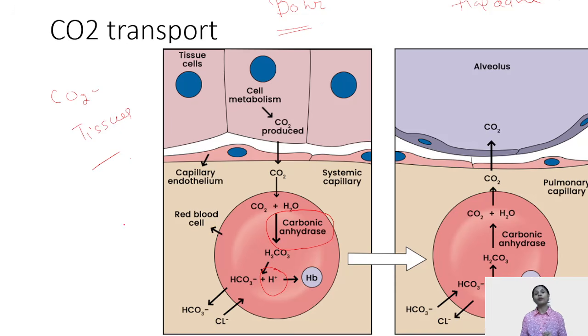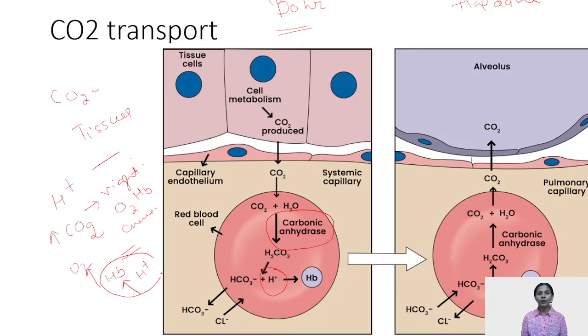I hope you all remember that metabolic acidosis, presence of H positive, and increase in CO2 levels lead to a rightward shift of the oxygen hemoglobin curve, which leads to dissociation of oxygen from the hemoglobin and addition of H positive to the hemoglobin.